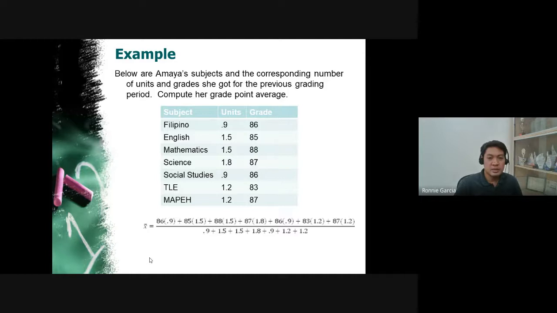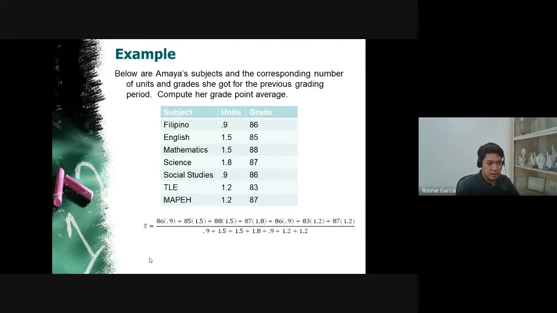Dili ma-reveal ang answer kung wala mag-compute for this particular example. If you have a scientific calculator, then pwede man siya i-direction na lang siya o press. Then, divided by kung i-add to nimo mga units sa denominator. So I'm waiting for the answer before I reveal the correct answer because you need to acquire the skill in computation. How to compute properly.